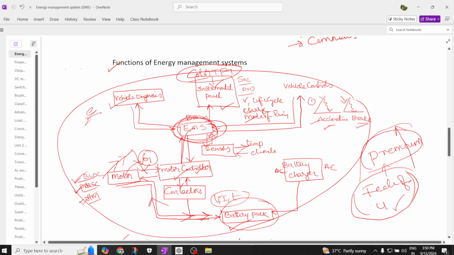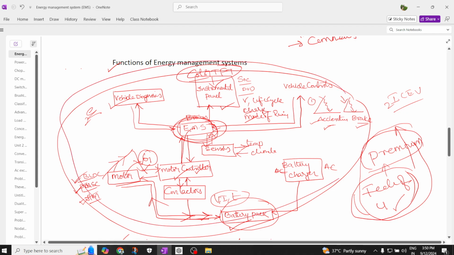And these features may not be available in internal combustion two-wheelers or four-wheelers, but all these features are exclusively possible in an electric vehicle with the help of only an energy management system.